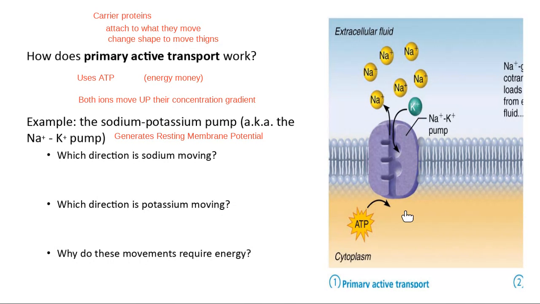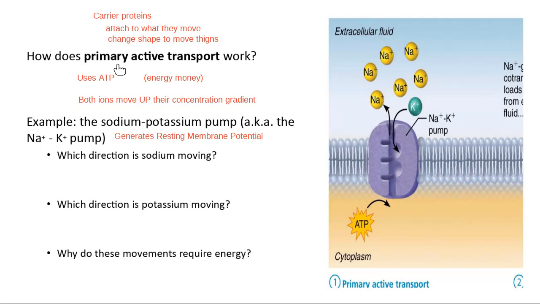Potassium is coming in to the cell. Again, remember our salty banana, there's a lot of potassium inside the cell already. So both of these ions, sodium and potassium, are moving to where they're already more concentrated. Because they're both going up their concentration gradient, I have to use ATP as my energy to make that happen.